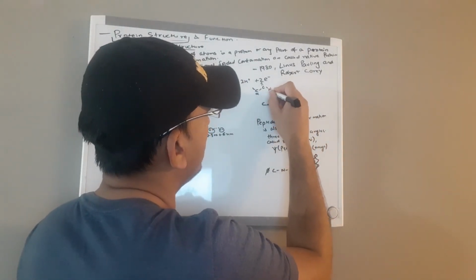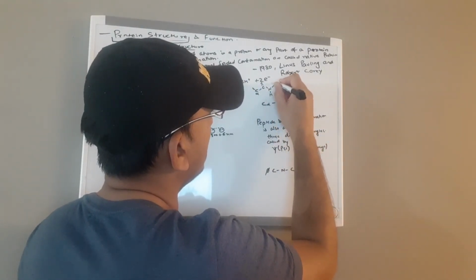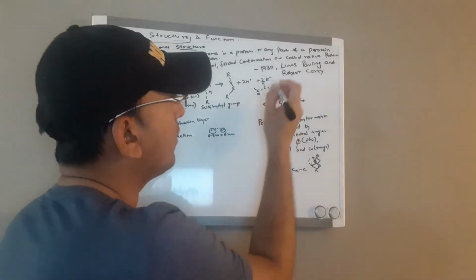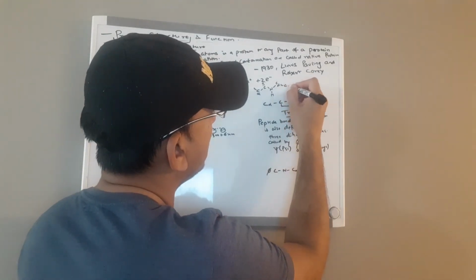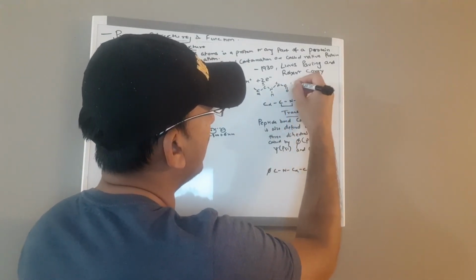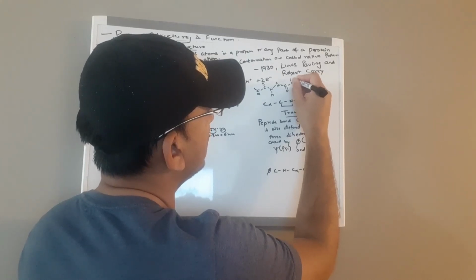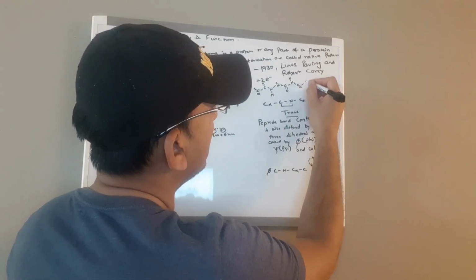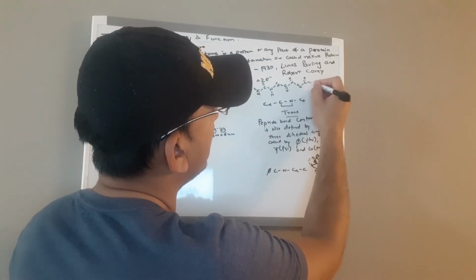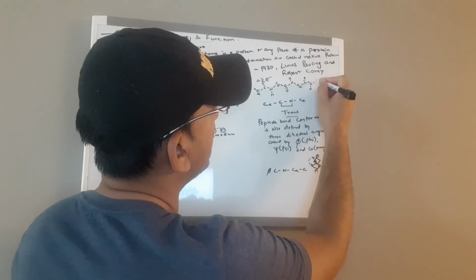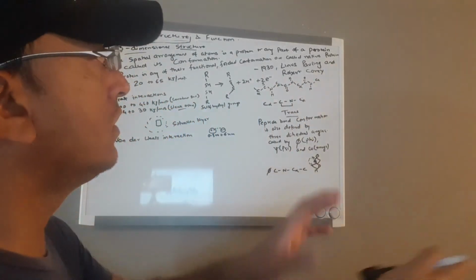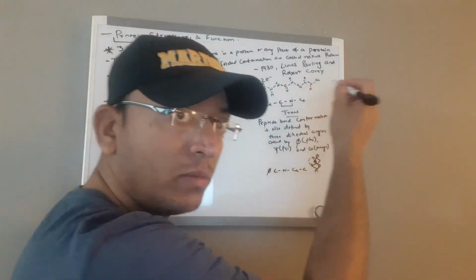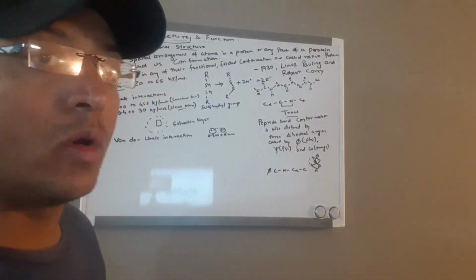This is nitrogen, then that's hydrogen, then again it will join with carbon alpha. Then this will go down, then nitrogen, the hydrogen will go up, then carbon alpha, and then again the same pattern goes on. Here will be the amino terminus, and here will be the carboxyl terminus, right? So, right to left.